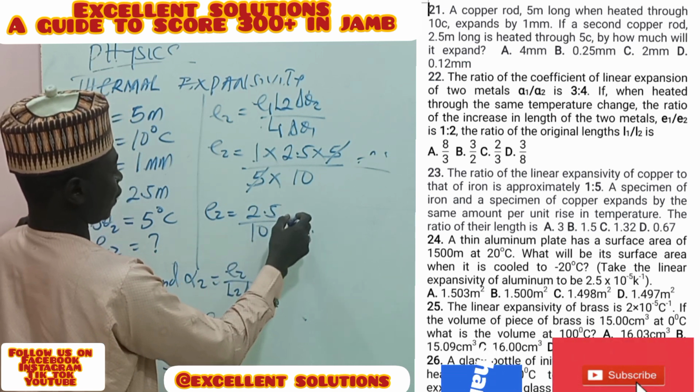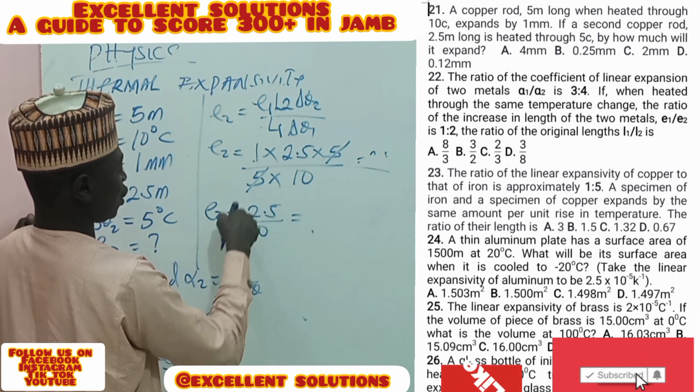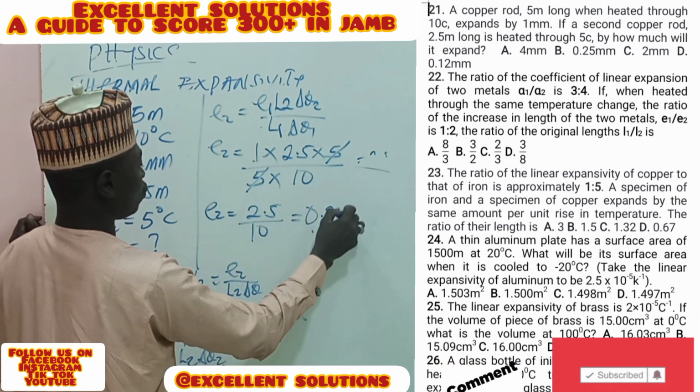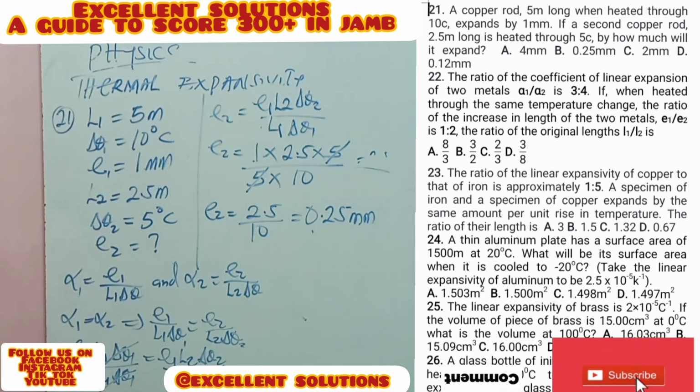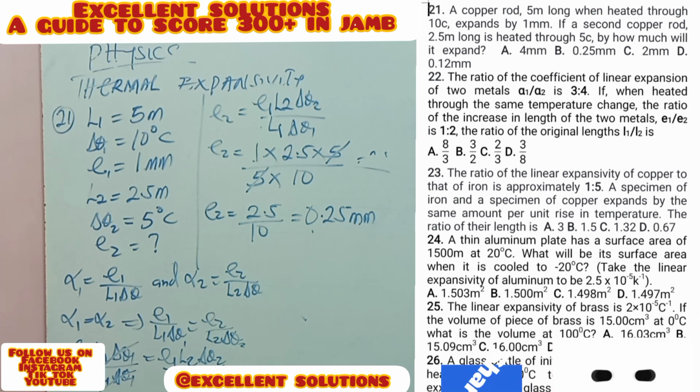When we divide 2.5 by 10, it is the same as moving the decimal point backwards, so it's 0.25 millimeters. If we look at our options, in option B we have 0.25 millimeters. The answer is B.